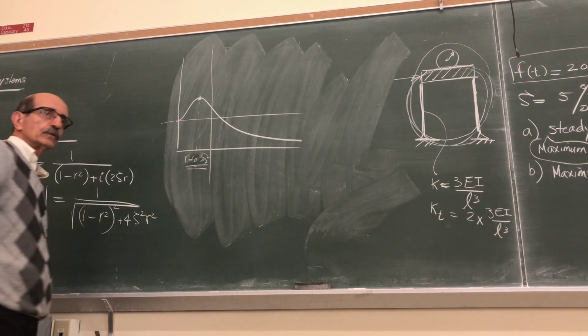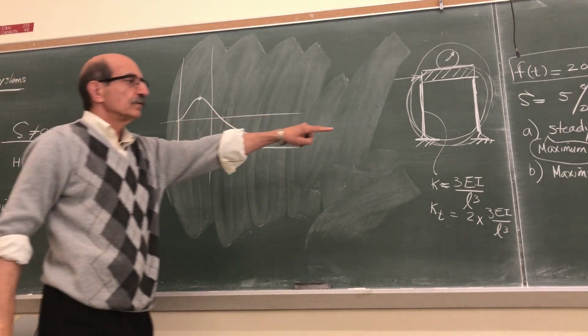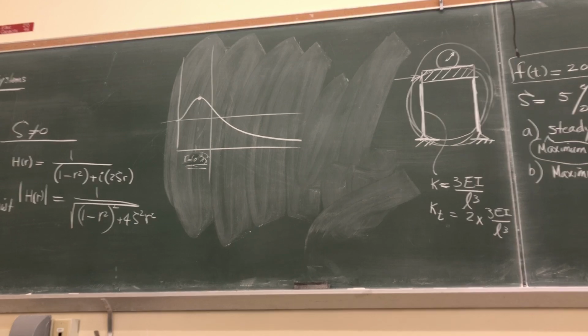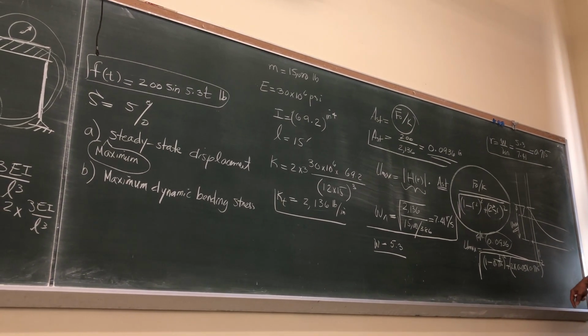This R value is just a ratio of the frequency. So you're right, it may not be exactly at the peak. I don't know where it is, and I don't care, we don't need it. All I need is just this value. That's a good point. So the U max is where the R intersects the curve, not necessarily. Right, that's right. You're correct.